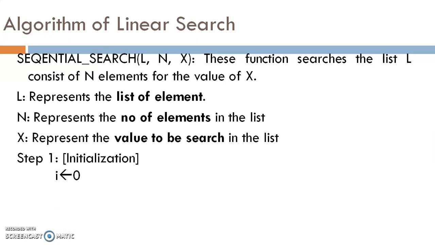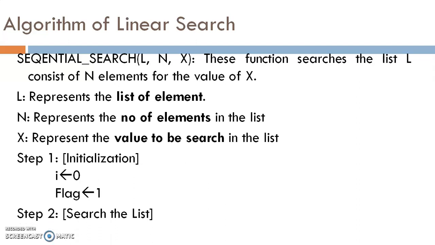The array index is represented as a small variable I, which is initialized at 0. Then another variable is a flag, which is a boolean variable. Its value becomes 0 or 1. At the initial point, the value of flag is 1.